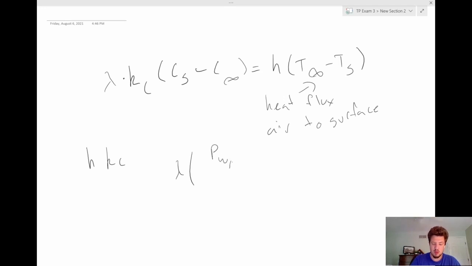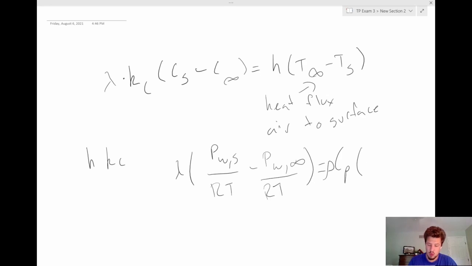So the partial pressure of water at the surface over RT, and the partial pressure of the surroundings over RT, and then we will convert that H into rho Cp, and then we have the temperature from the surroundings minus the temperature at the surface.